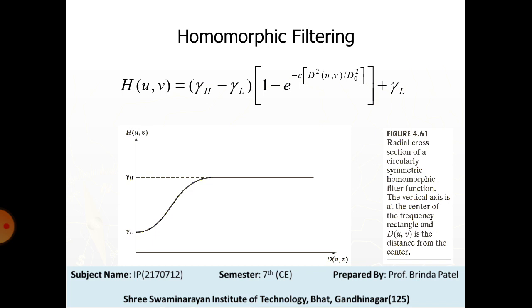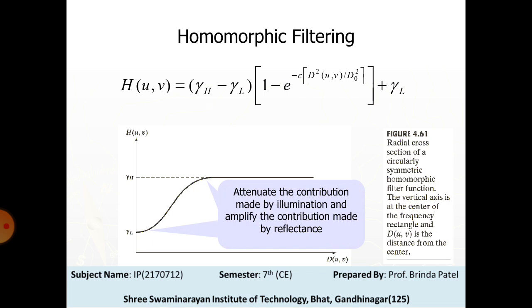For example, using a slightly modified form of the Gaussian high-pass filter yields the function H(u,v) = (gamma H minus gamma L) [1 minus e^(-c D^2(u,v)/D0^2)] + gamma L. Here c is a constant that controls the sharpness of the slope of the function as it transitions between gamma L and gamma H. This filter is similar to the high-frequency emphasis filter, attenuating the contribution made by illumination and amplifying the contribution made by reflectance.